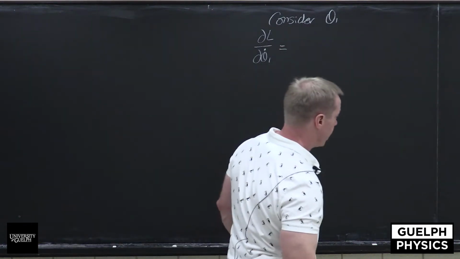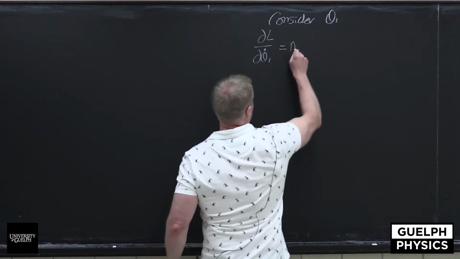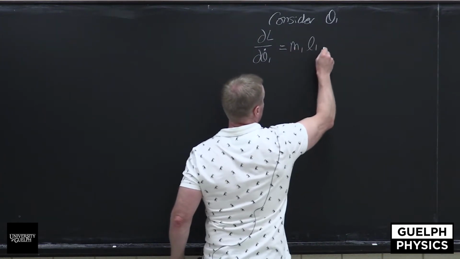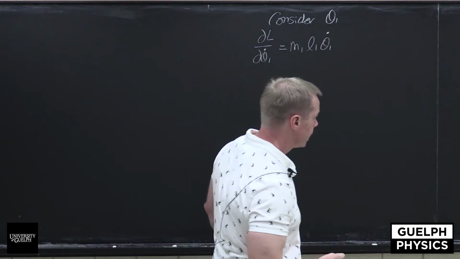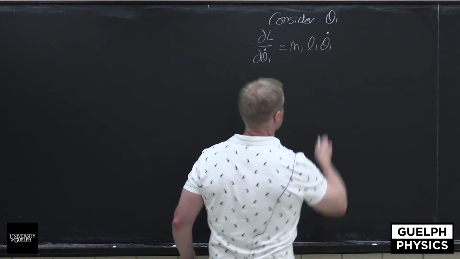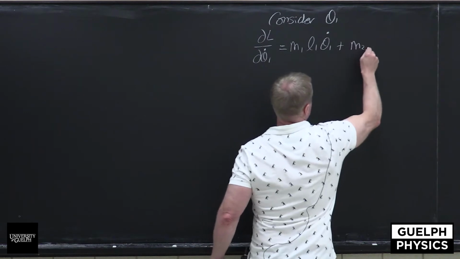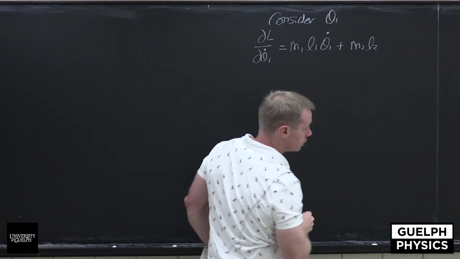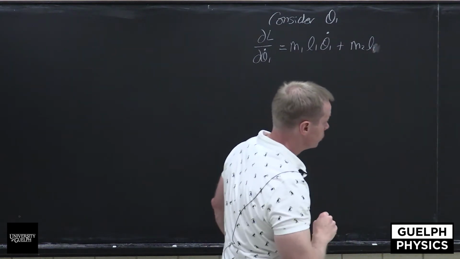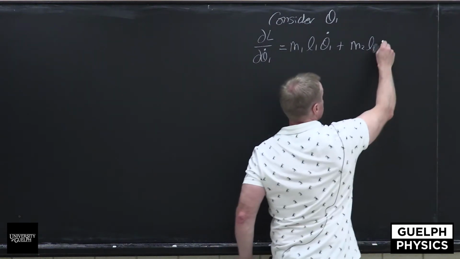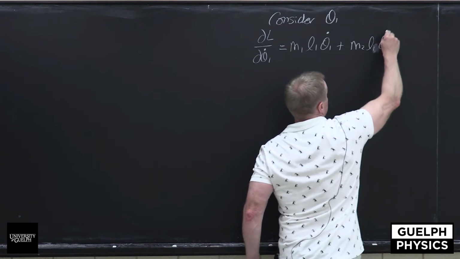So I have my Lagrangian, so m1 L1 theta 1 dot, and then there's a term m2 L2, no, m2 L1. So easy to get these mixed up.